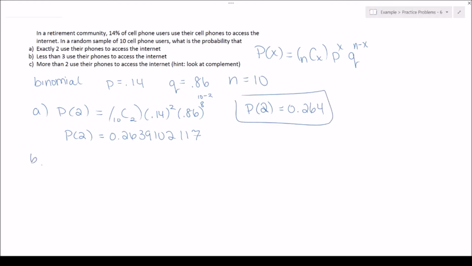All right, part B, less than 3. The probability that x is less than 3, that is the probability of 0 and the probability of 1, the probability of 2. These are the values of x that could be less than 3, 0, 1, or 2 out of these 10. So we have to do each of these independently. P of 0, I'm just plugging in the n's, the x's, and p's, and q's, and all that stuff, into my calculator.